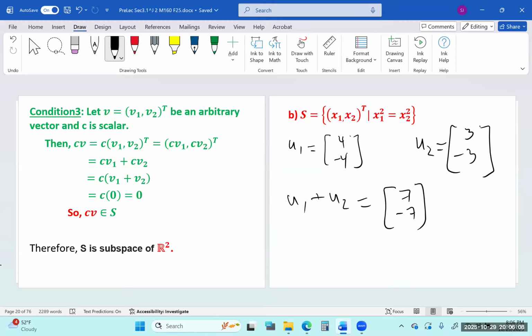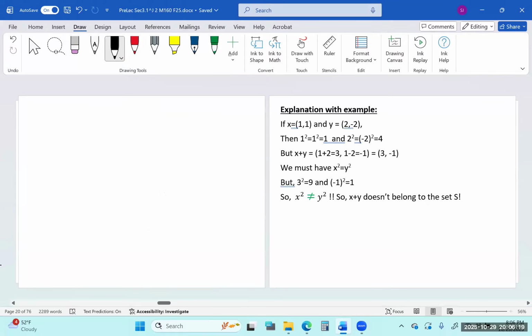You cannot, because their squares have to be the same. So this works. Every number works. You square a negative number and you get the same. How about 1, 1 and 2, negative 2?